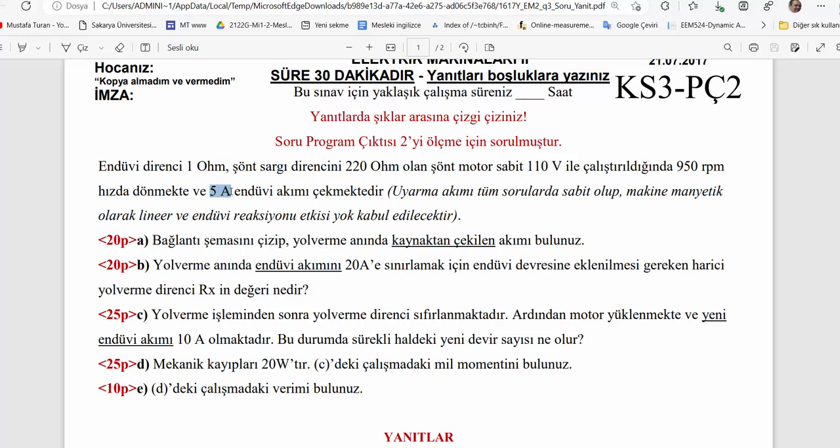In the parentheses in the question it says there is no field current change. It is assumed constant during all operations. Now let's examine the first one, the connection diagram, and calculate load current.